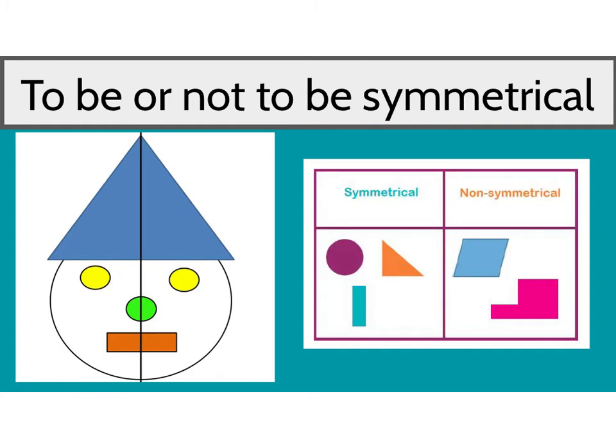A triangle, for example, for this one, we could fold this triangle right here on that line, and that triangle should line up. Now, if I tried to draw a line this way, that one doesn't work. You could fold it on that line, but it wouldn't line up. So we want to get rid of those.